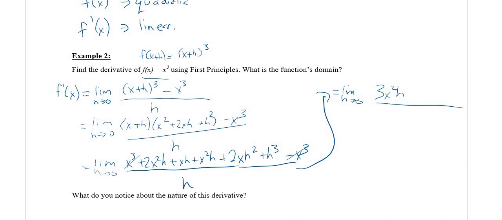We're going to have 3xh squared. So I realize this is supposed to be an xh squared. And then we're going to have an h cubed all over h.